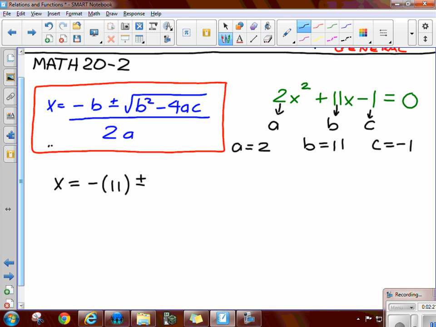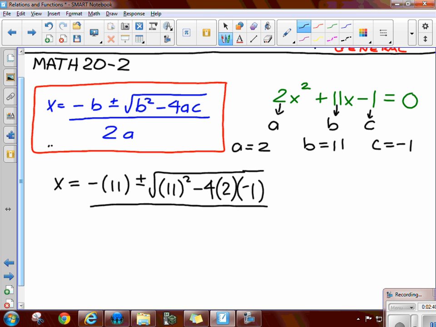Plus or minus. Now comes the radical sign. It says b squared, so that's 11 squared minus 4 times a, which was 2, times c, which was -1. Now this radical goes all the way across. And now this whole thing is the numerator, and it's going to be divided by 2 times a, which is 2 times 2. So I substituted in all the values I need for the quadratic formula.